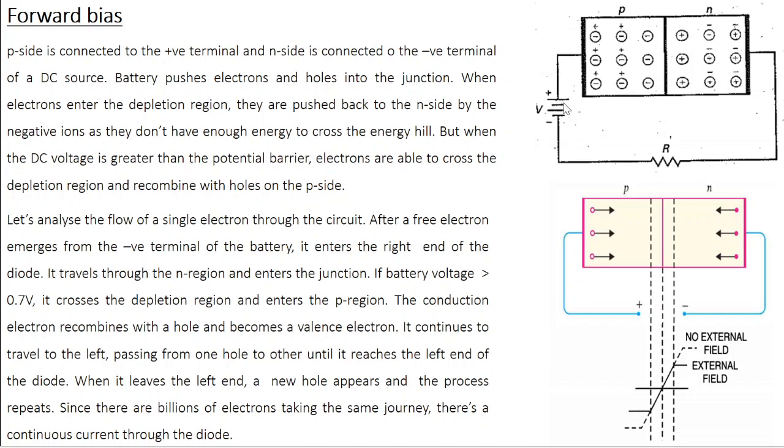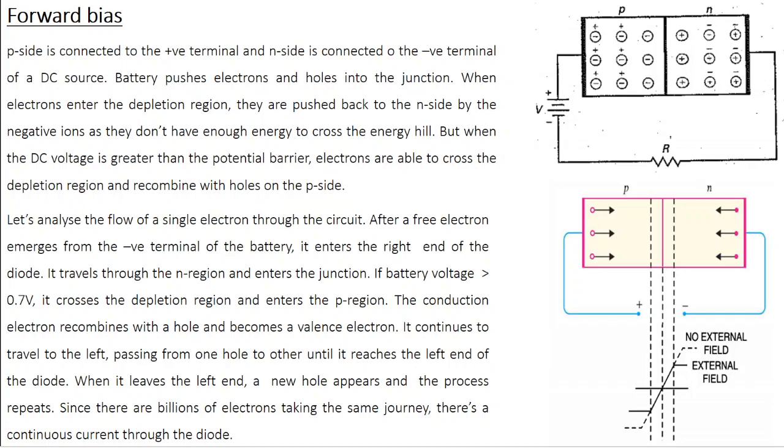As soon as this electron reaches the positive terminal, another electron leaves the negative terminal. It reaches the N side, travels through the N side as a conduction electron, crosses the p-n junction, becomes a valence electron in the p side, continues to travel towards the left and finally enters the positive terminal.